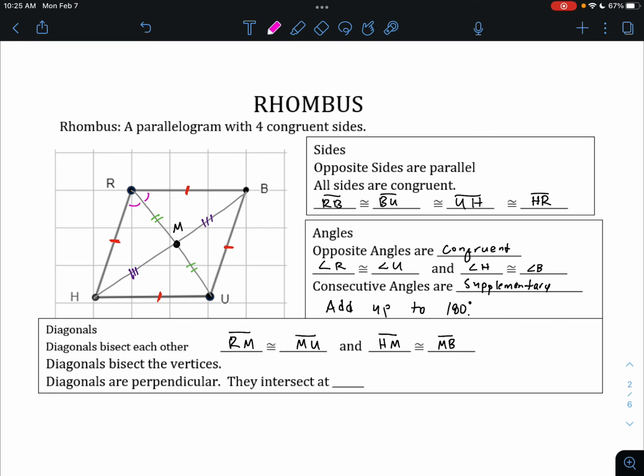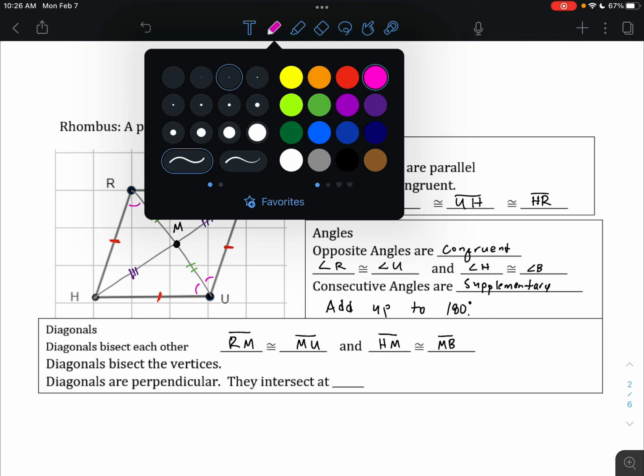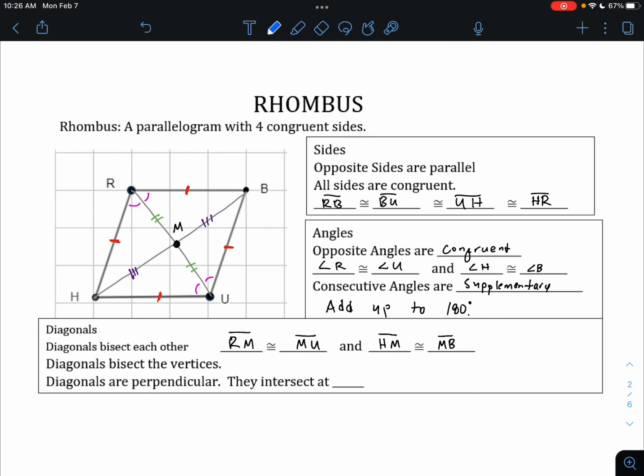Same with angle U. Since U and R are the same, if we cut each of them in half, those are all 4 the same angles. The same thing applies to angles H and B. Each of them being cut in half gives us 4 new congruent angles.